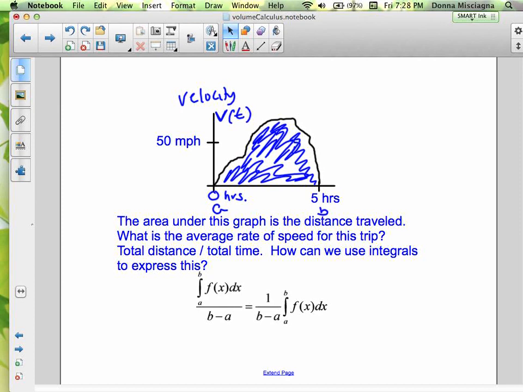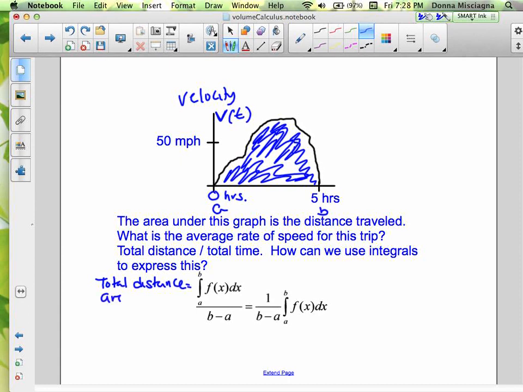So we know that the area is the total distance. We know the integral, right, is the total distance. So the total distance here is the area under the velocity curve.